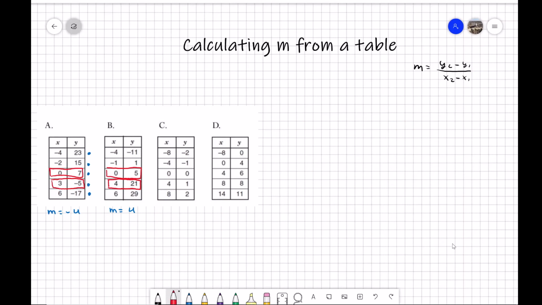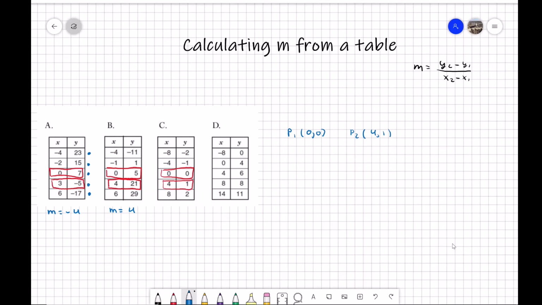Now let's continue with C. Again, we're going to choose 2 points, and the same thing. I'm going to choose my first point to be 0,0 and my second point to be 4,1.